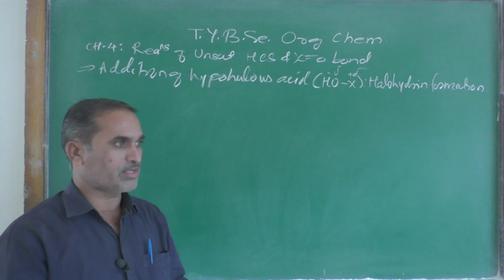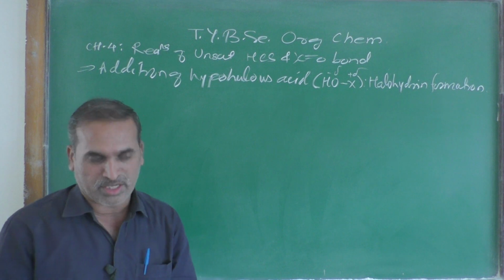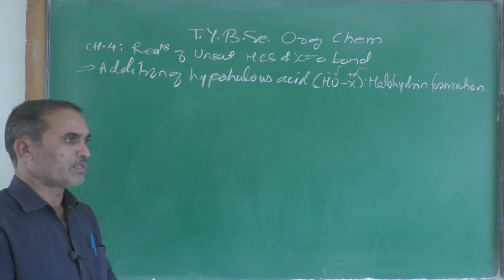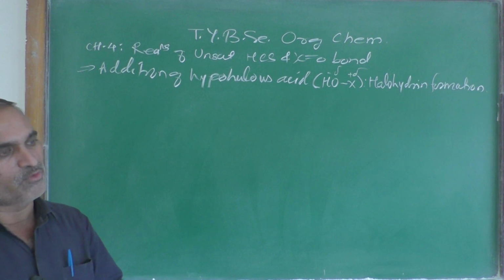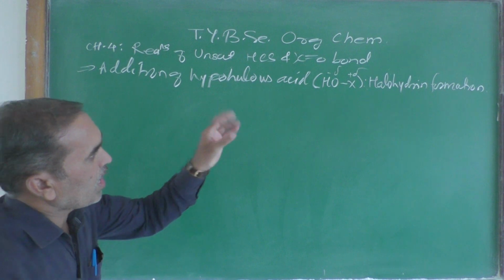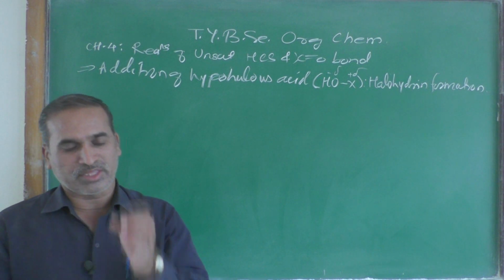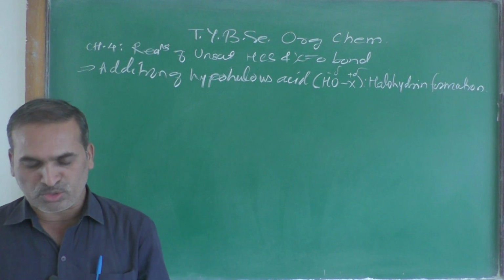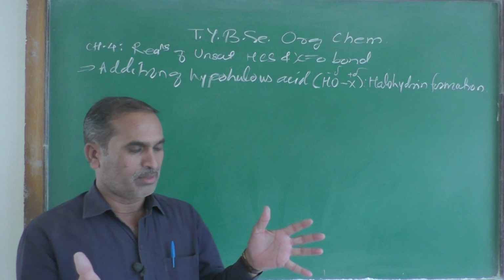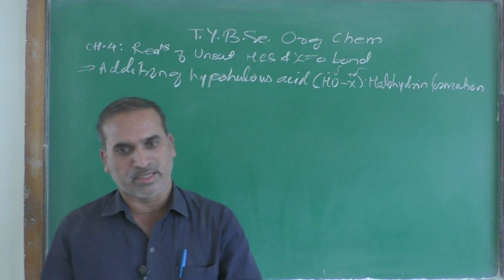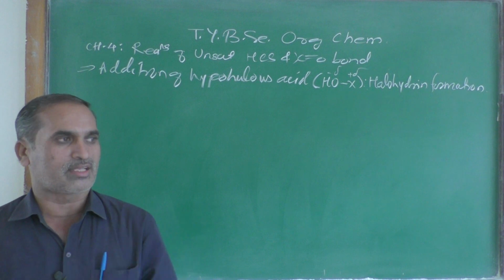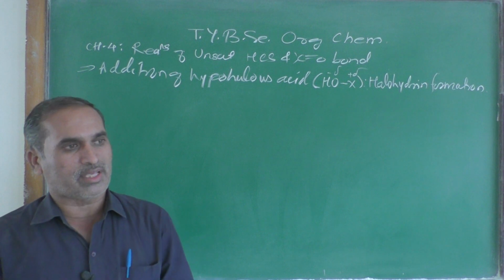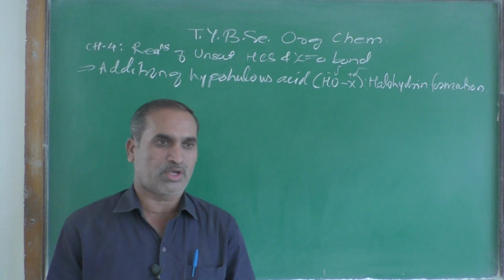Now this reaction is also an electrophilic addition reaction. When the alkene reacts with chlorine in presence of water, it gives the halohydrin derivative. We simply mix the alkene and the reagent, and we get an addition reaction. The addition reaction takes place according to Markovnikov's rule.